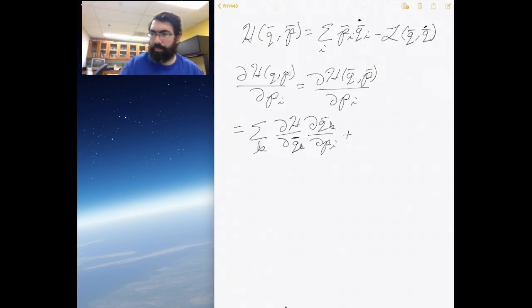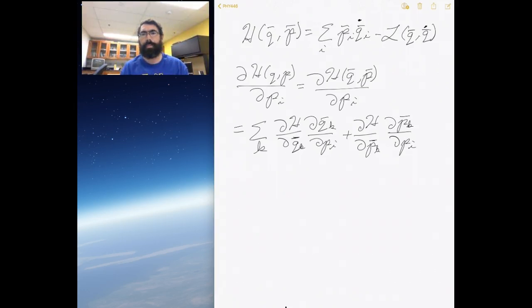And then we have to do the same thing for the momentum variable. So I look at the change in the Hamiltonian with respect to the momentum in the transformed frame of reference, sub k, and then the change in the momentum p bar sub k with respect to p sub i. So that's just expanding the Hamiltonian by the chain rule.